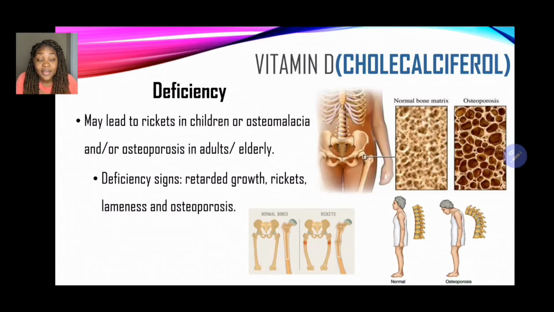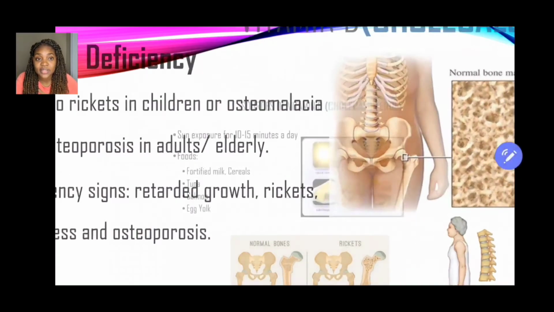Or develop conditions, as this condition that is shown is osteoporosis or osteomalacia, right? That affects adults, or rickets in children. Good. Now, it may lead to rickets in children or osteomalacia and osteoporosis in adults and the elderly. Good. Now, deficiency signs include retarded growth, rickets, lameness, and also osteoporosis.